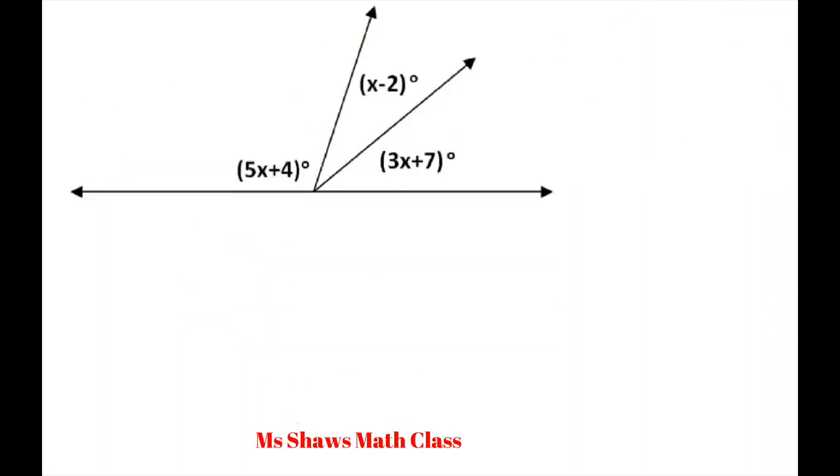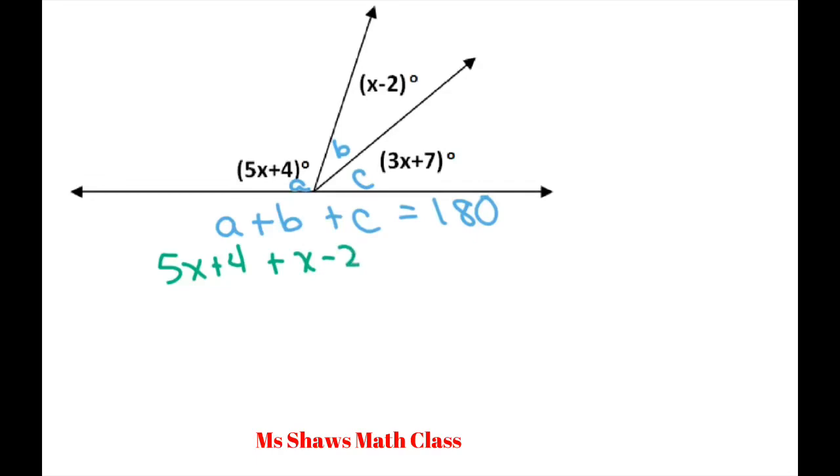And the last one's a little harder. So let's just call these angles A, B, and C. So A plus B plus C should equal 180 degrees. So let's just add them up and substitute. A is 5x plus 4. B is x minus 2.